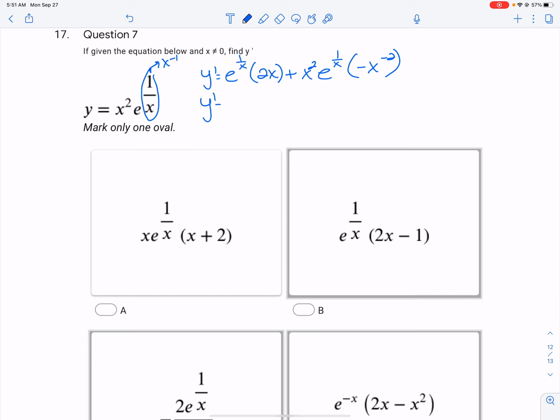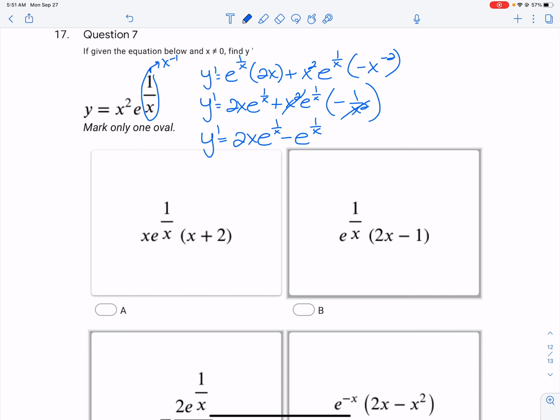So y prime is 2x e to the 1 over x plus x squared times 1 over x, and then this is negative 1 over x squared. The x squareds cancel out, and I'm left with a negative, so y prime is 2x e to the 1 over x minus e to the 1 over x, which has a common e to the 1 over x, so y prime is e to the 1 over x times 2x minus 1, which is that one there.